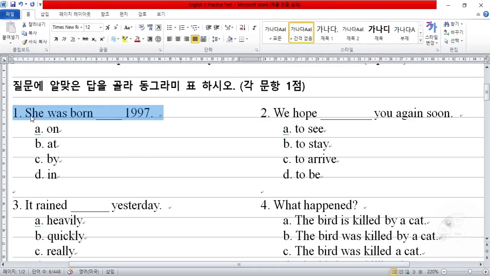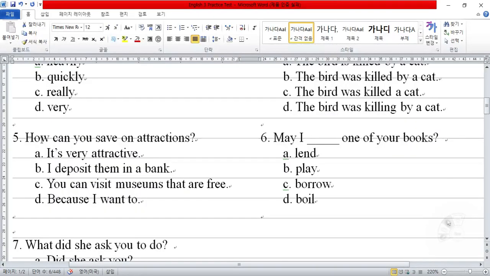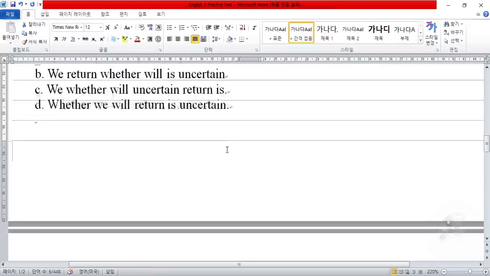Read the opening question or sentence, and then in the case of number 1, you can add the missing word from 4 choices. In the case of number 5, you can read the question and then respond with the best answer. Okay, that's part 1.